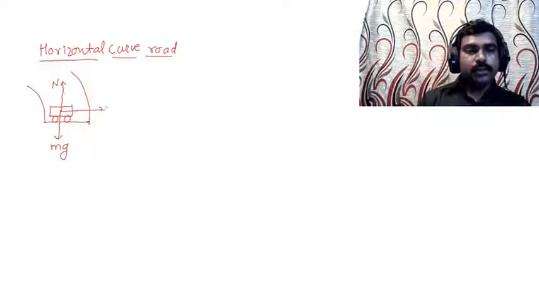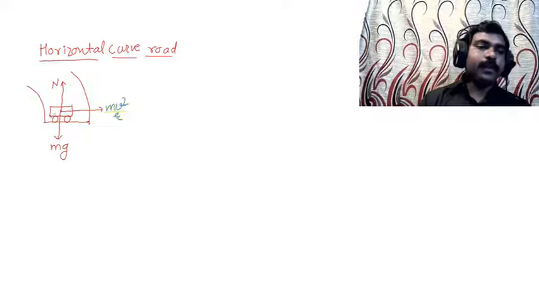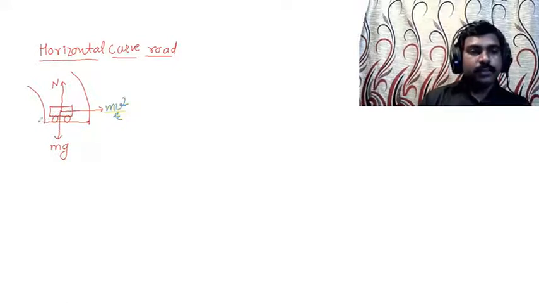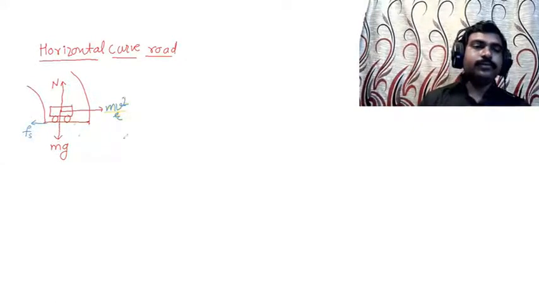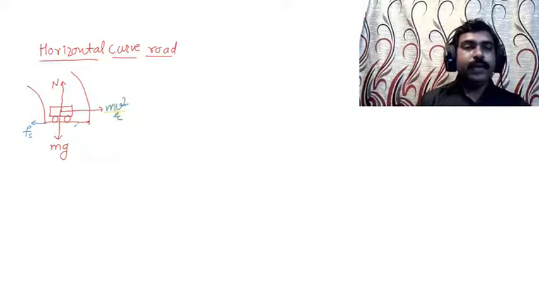As the road is curved and the vehicle is taking the turn, there must be a centripetal force like this, mv square by r. Now let us draw the frictional force along this direction. So friction between the road and tire.